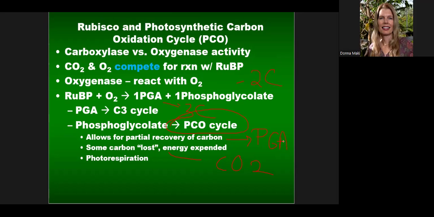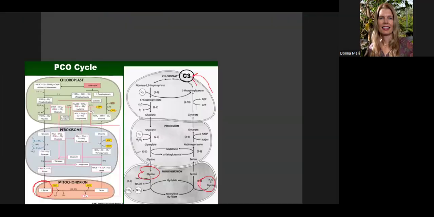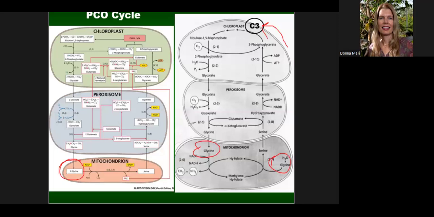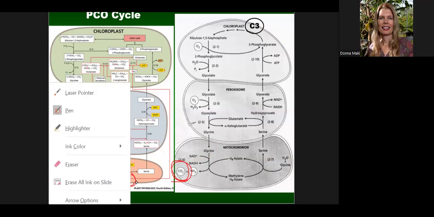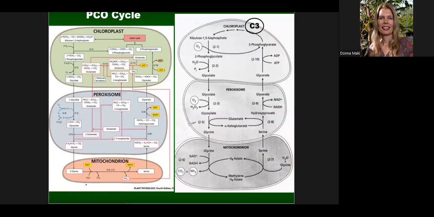And then it says some carbon is lost. So what they mean, I'll show you, let's go back to that lovely image here. What they mean is right here. CO2. Oops, that's not CO2. I don't have my contacts in. See what happened? Come on.